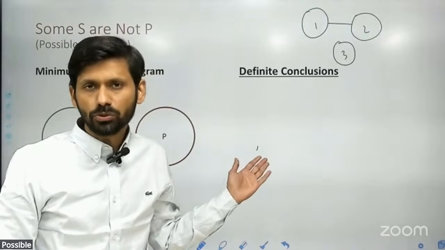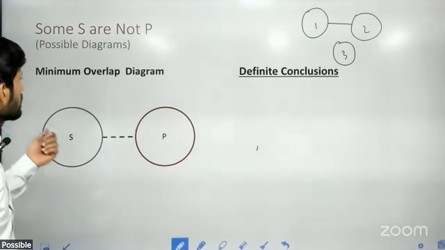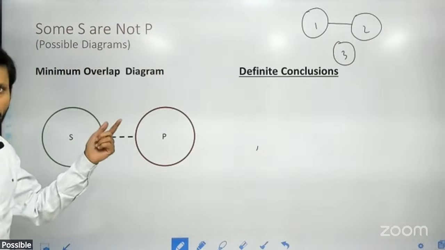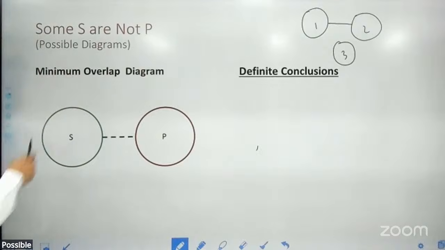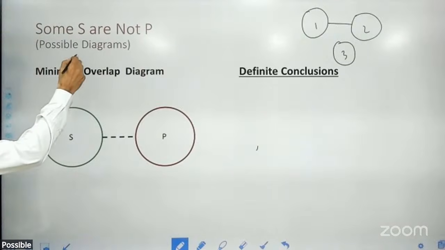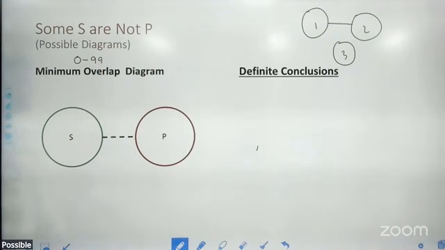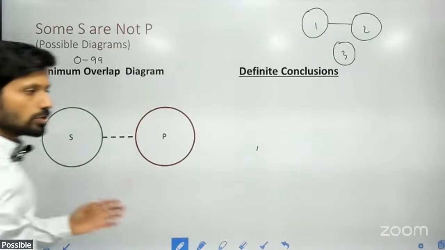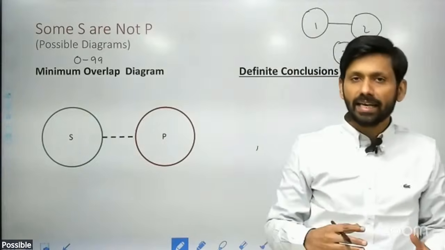You must be able to even deal with this statement. But yes, let's go over it. We are given some SR not P, and we remember that the range here was 0 to 99.